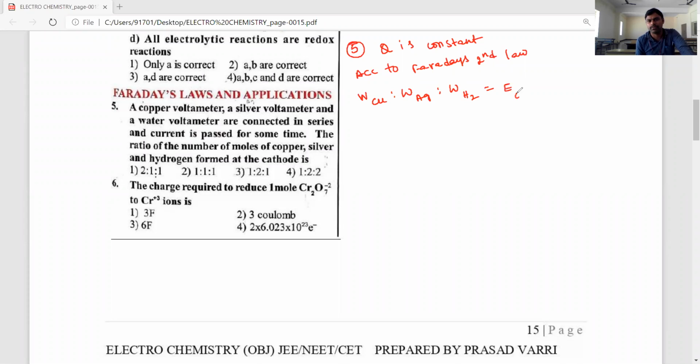The equivalent weight of copper 2 plus is to the equivalent weight of silver Ag plus and the equivalent weight of H2.